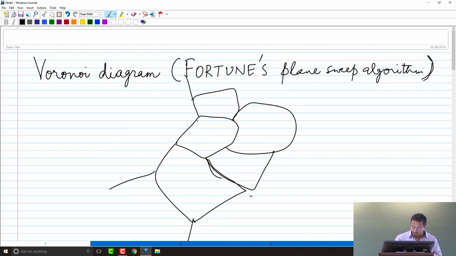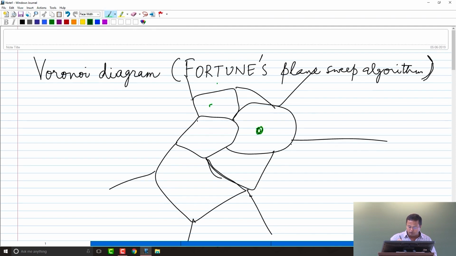So, when the i plus 1th point comes, you have to quickly figure out which cell it lies in, right.